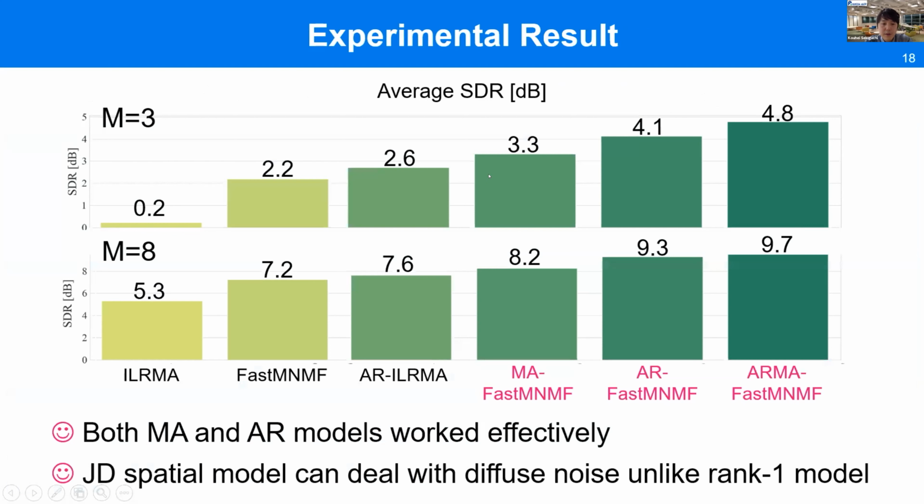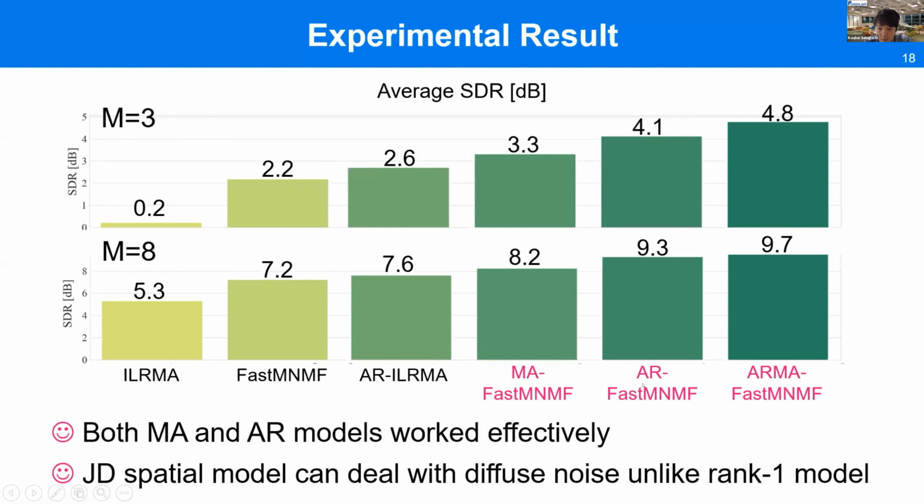The upper figure shows the result when the number of microphones M equals 3, and the lower figure shows the result when M equals 8. In both cases, the result of AR-MA fast MNMF outperforms AR and MA fast MNMF. This indicates both MA and AR models worked effectively.